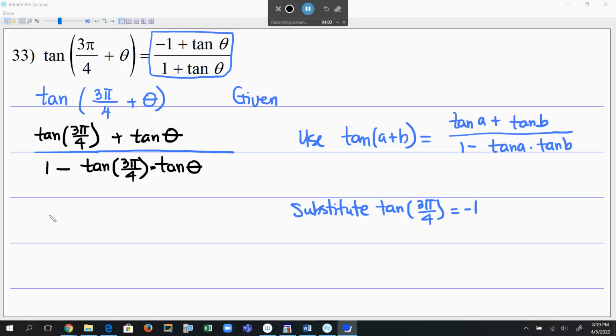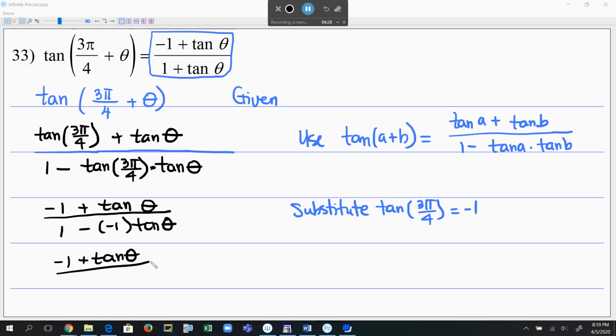So now what we have here will be -1 plus tangent theta over 1 minus -1 times tangent theta. And the last step, we just have to simplify our denominator. So 1 plus tangent theta. And if we compare what we have here with the right hand side, it is exactly the same. So we just completed our proof.